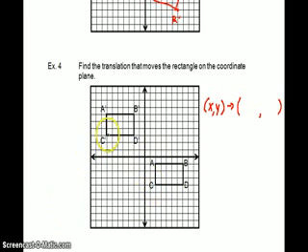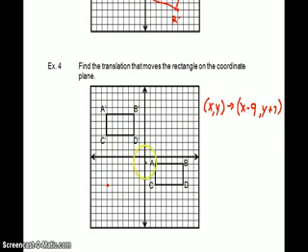How did we get to C prime? Well, we went 1, 2, 3, 4, 5, 6, 7, 8, 9. So x minus 9. And y is going 1, 2, 3, 4, 5, 6, 7. y plus 7.